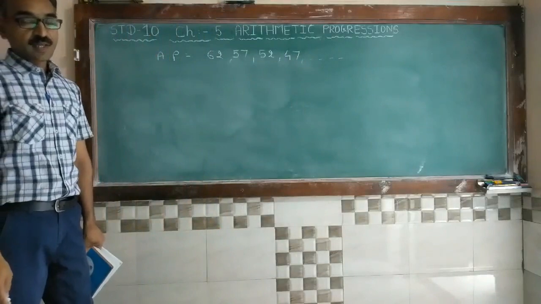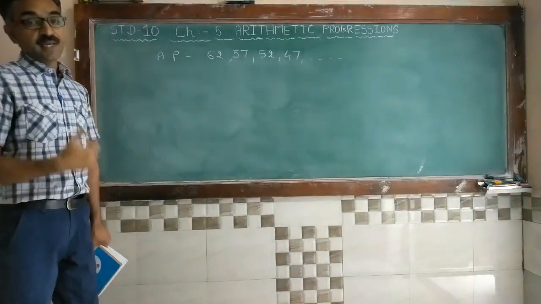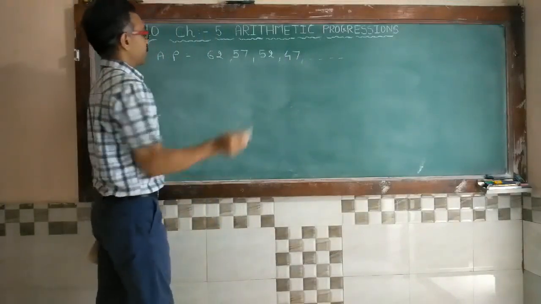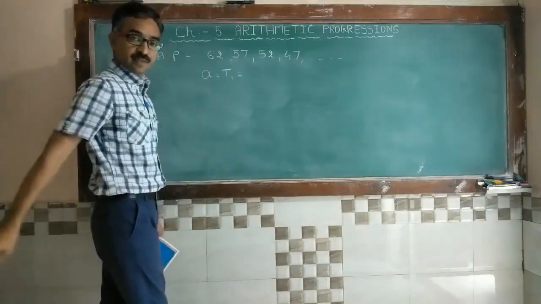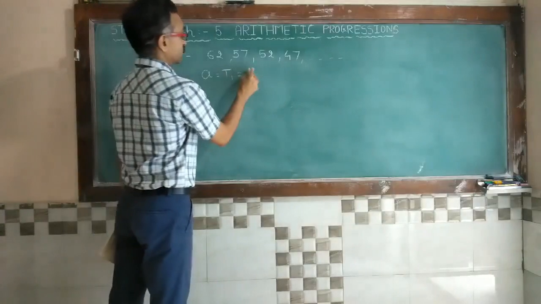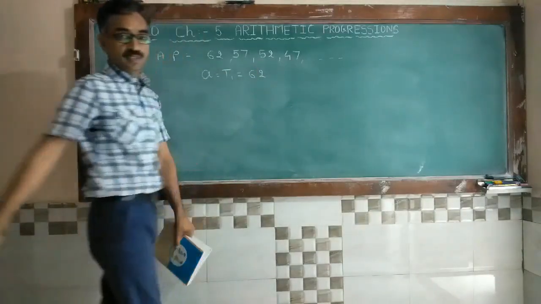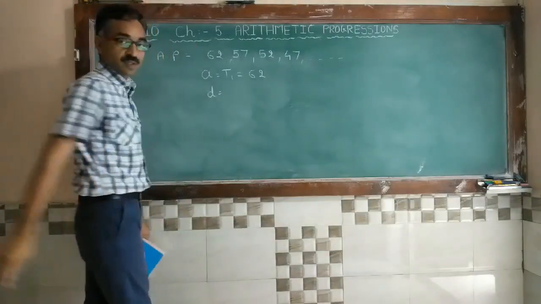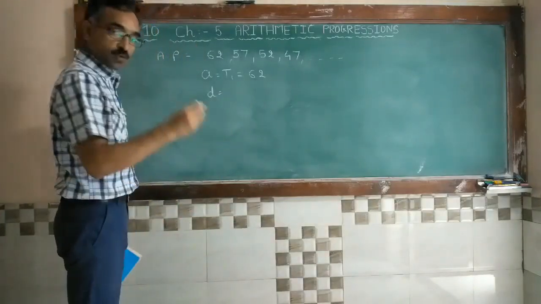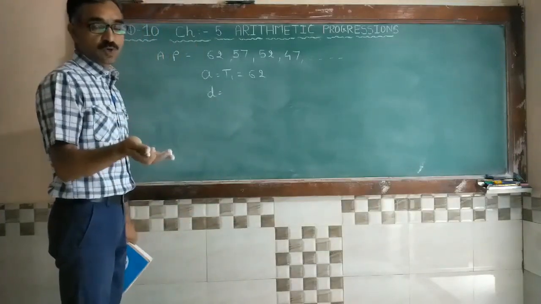Find out here first term, that is A, and common difference D. So your first term, or you can say T1, that is 62. Now common difference you can find out by T2 minus T1 or T3 minus T2 or T4 minus T3.